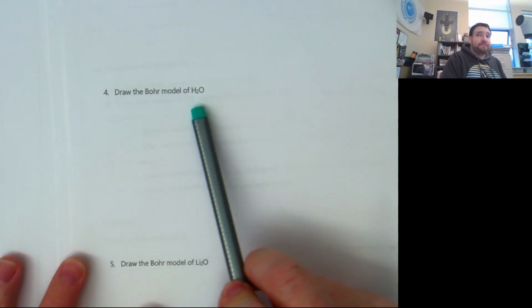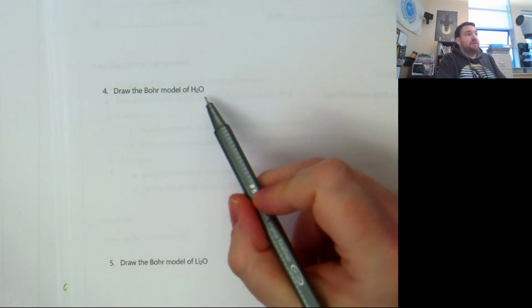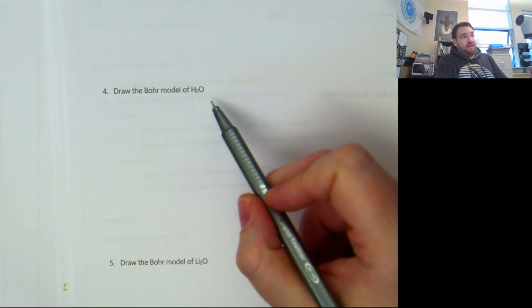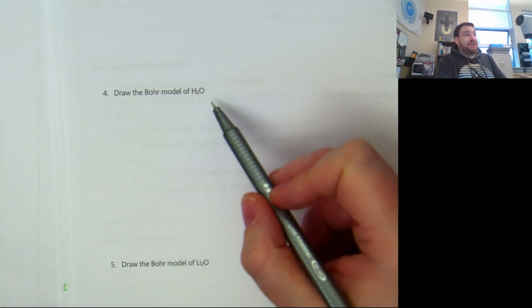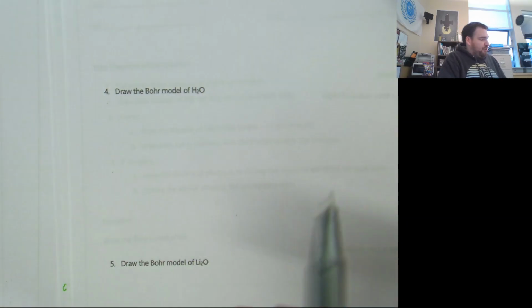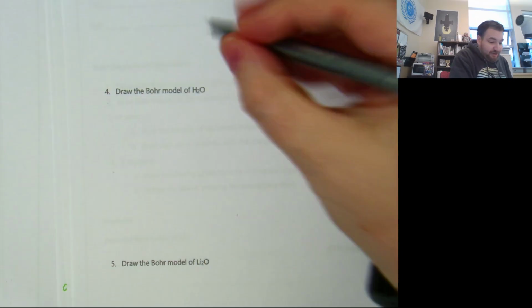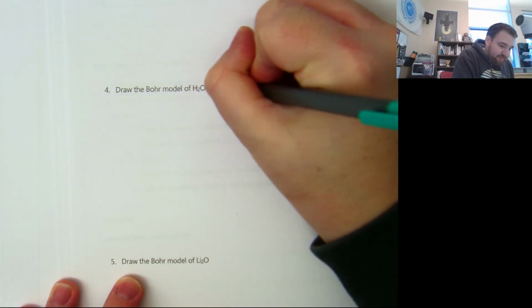So in H2O, the electronegativity of oxygen isn't enough to take from the hydrogen and make it a metal ion. So this one, you would draw it like this, and I would tell you this thing has to be covalent.